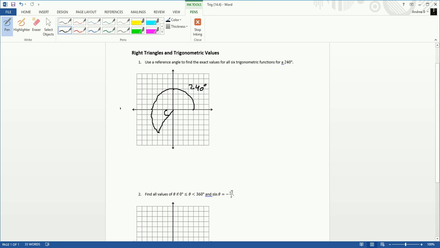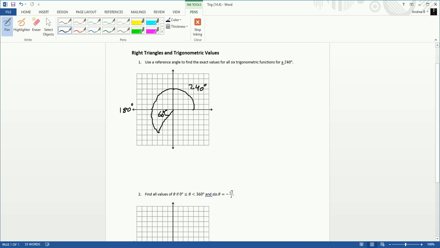So in this case, the negative x-axis is closest, and like I already said, that would be at 180 degrees. And we know that the total rotation here is 240 degrees. That means we had to go an extra 60 degrees to get to that final point there. So that would be your reference angle, 60 degrees.